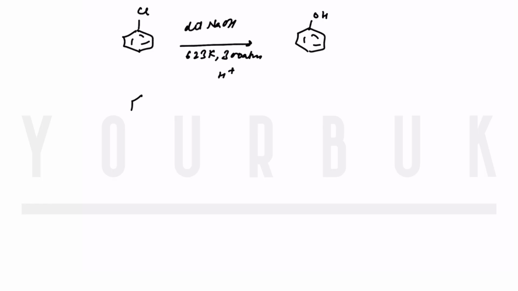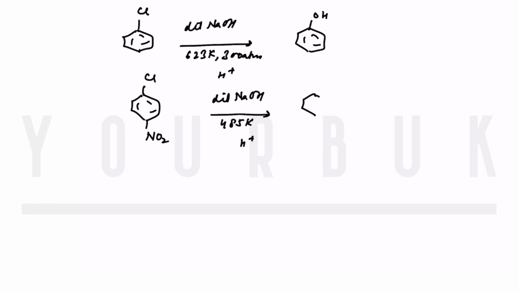Now, when the nitro group comes at the para position, then the reactivity increases and we use less drastic conditions. It's dilute NaOH and 485 Kelvin followed by H plus ion gives para nitrophenol.